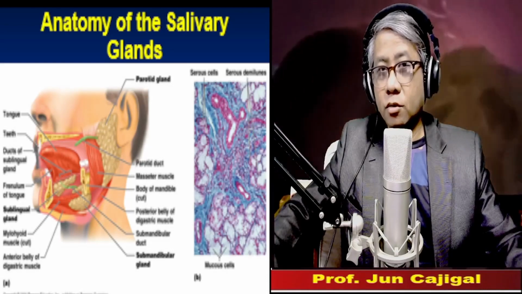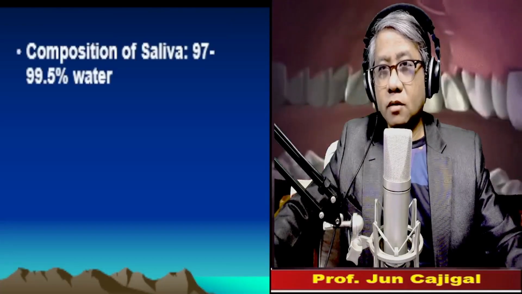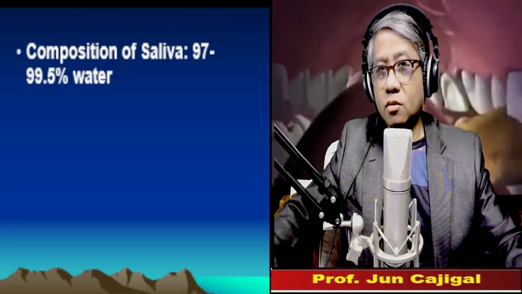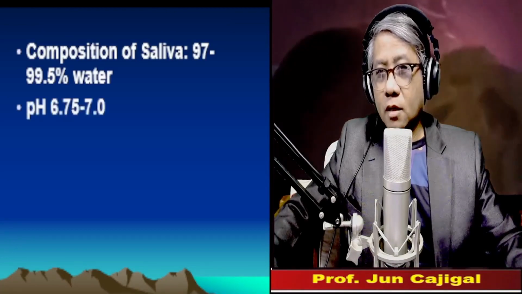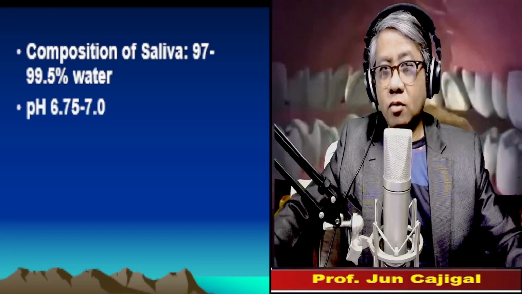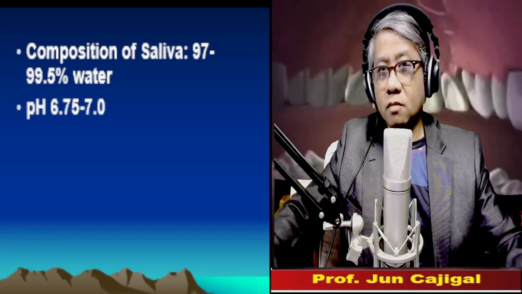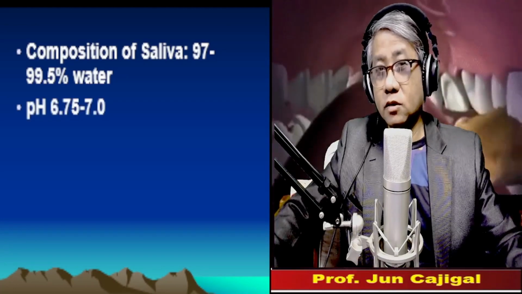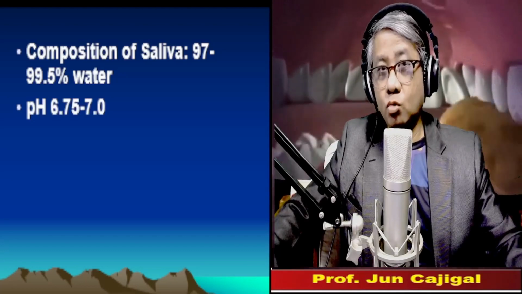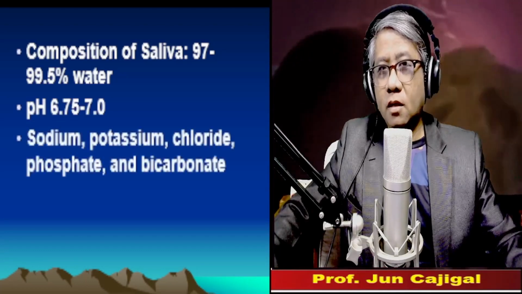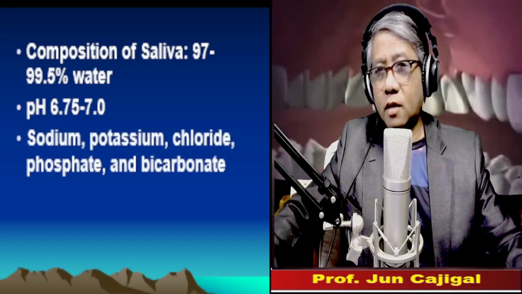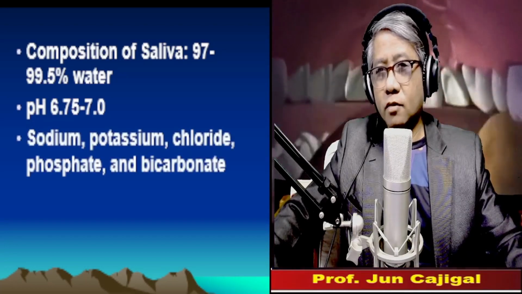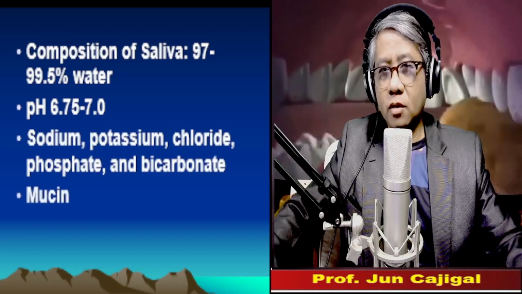And did you know that in terms of the composition of saliva, saliva is basically 97 to 99.5% water. And the pH value, or the measure of acidity, of saliva is between 6.75 to 7. And saliva contains sodium, potassium, chloride, phosphate, and bicarbonate.